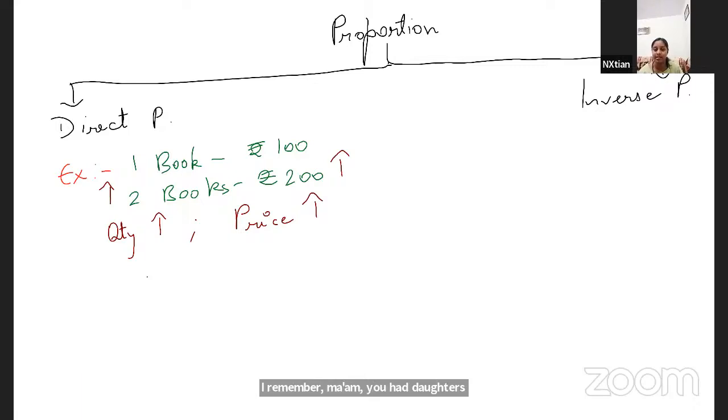Because quantity is increasing, price is also increasing. So this is what direct proportion is, when an increase in one quantity leads to an increase in the other quantity.